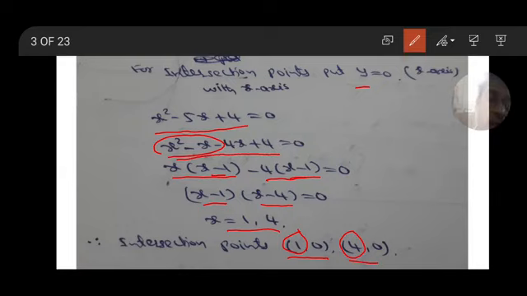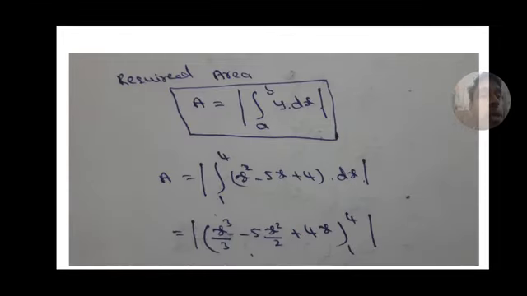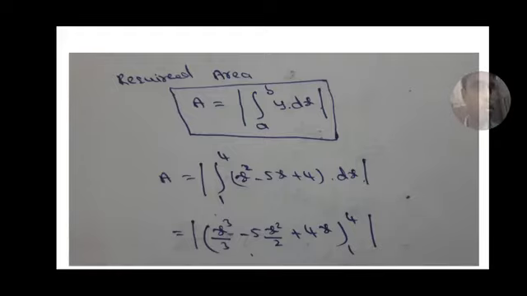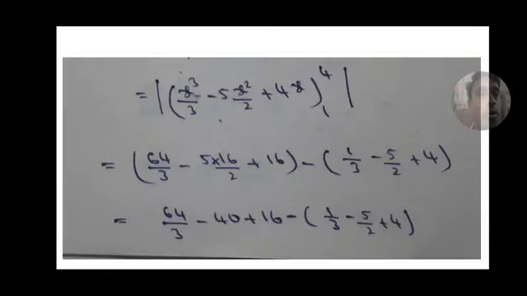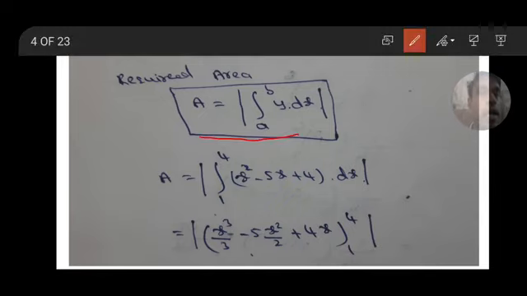Here we don't have the diagram exactly, so in this problem we have to take the modulus. The required area is the modulus of the integration from a to b of y dx.